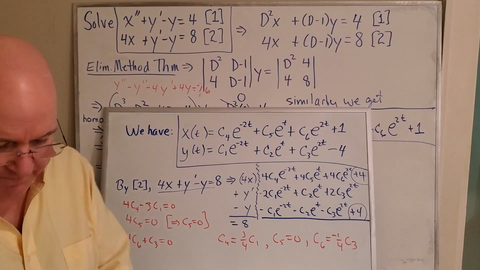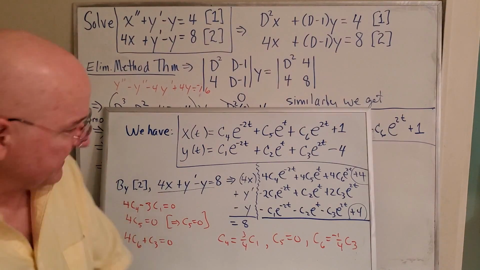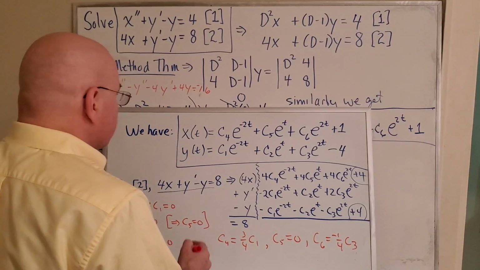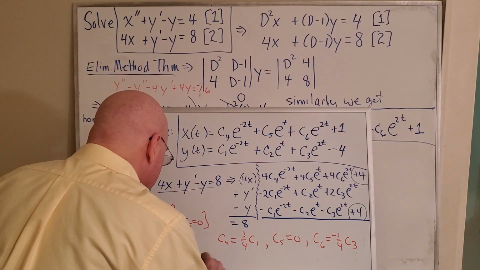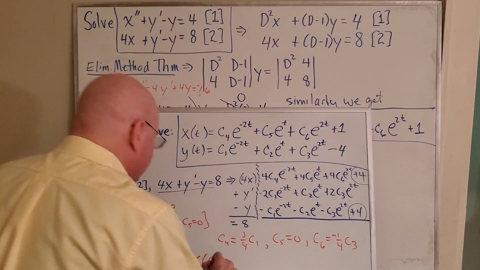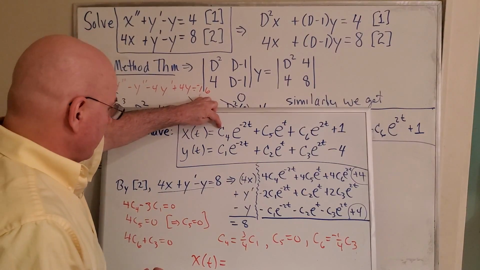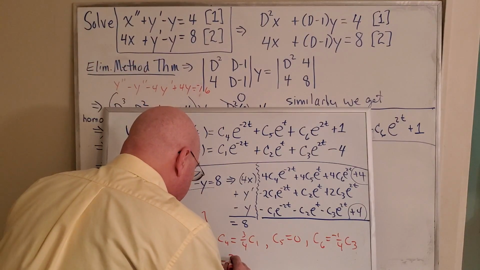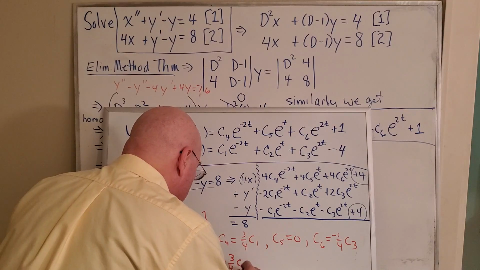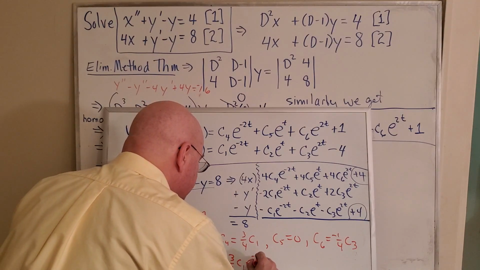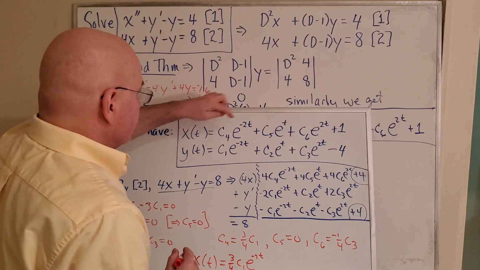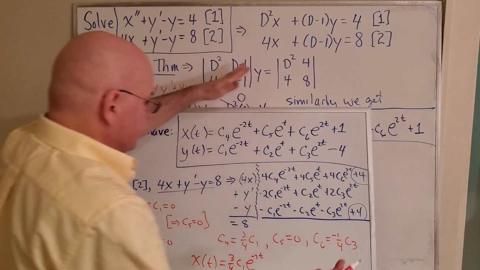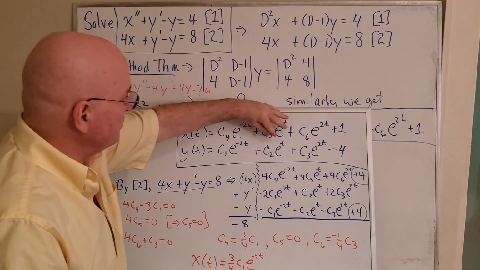Yeah. Okay, so that tells us what x of t is equal to. X of t is equal to C4, which is just 3/4 of C1, e to the negative 2t. All right, the next term, c5 e to the t, well, that's a 0, so that term goes away.